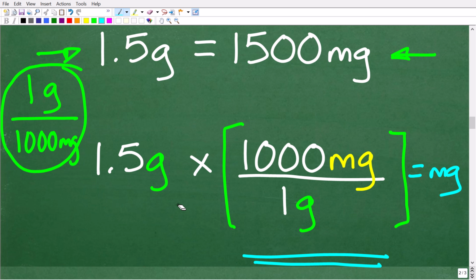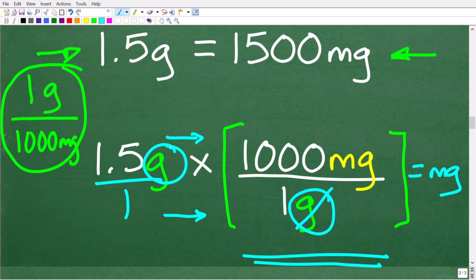When we multiply 1.5 grams times 1,000 milligrams over 1 gram, what we're really doing is multiplying two fractions, so we multiply the respective numerators and denominators. But the main idea is that the grams are going to cross cancel as units of measure. This gram in the numerator will cross cancel with this gram down here in the denominator, leaving us with milligrams, and that's what we want left over.